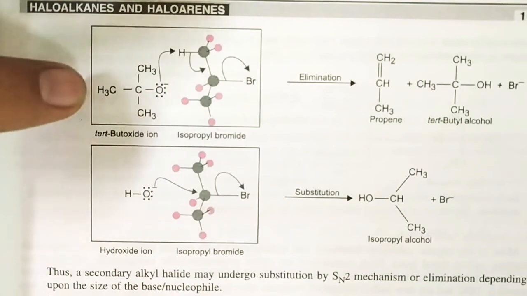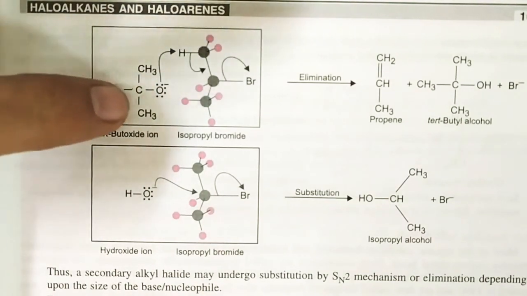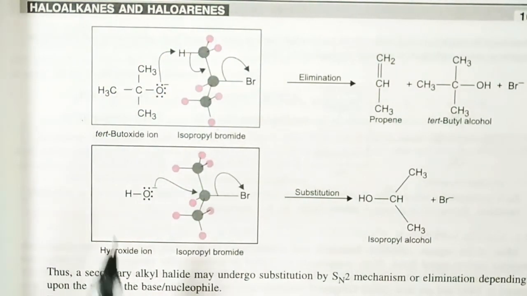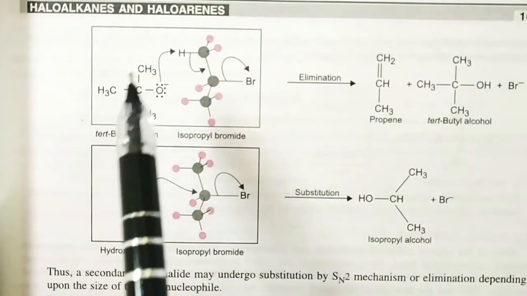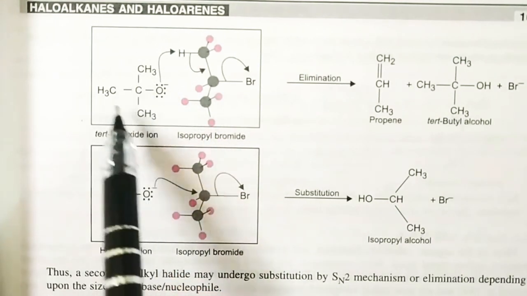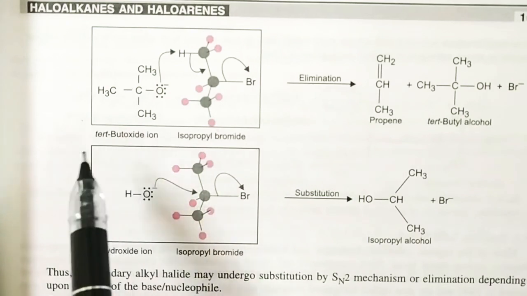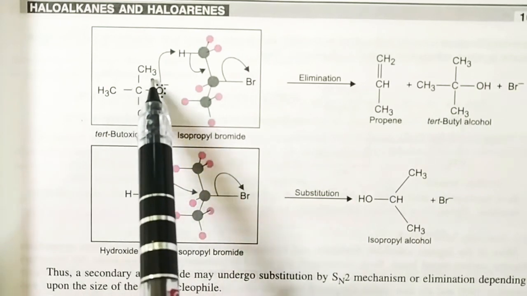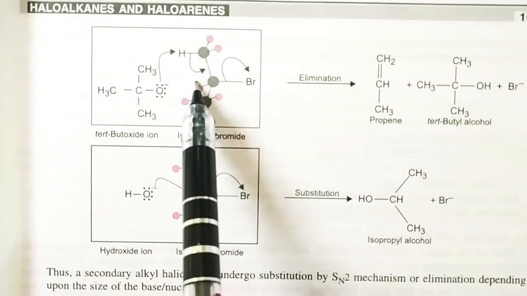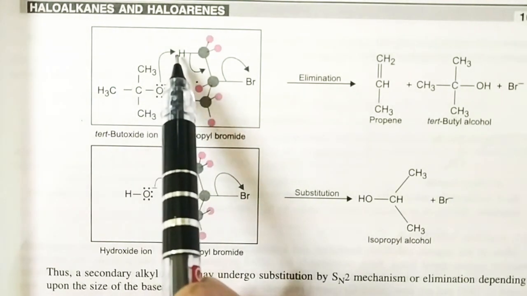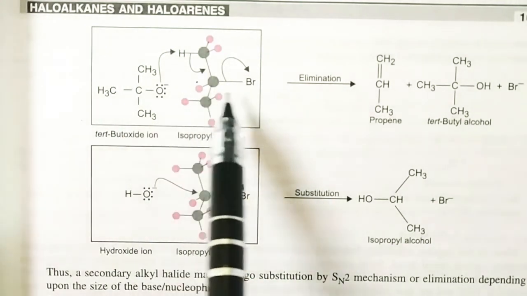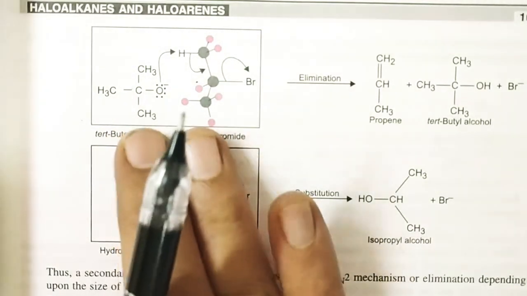Now our attacking species is tertiary butoxide, and the other is hydroxide. Tertiary butoxide is bulky and crowded, so it is difficult for it to approach the partially positive carbon. So it prefers to accept a proton from the haloalkane, and favors the elimination reaction.